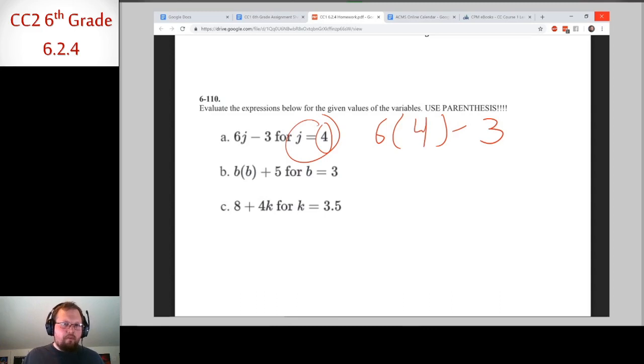This is not 64. This is 6 times 4, which is 24 minus 3 to give you 21. On part B, you don't need the extra parentheses. You can just keep it as 3 times 3 plus 5. Again, it's not 33. It's not 3 plus 3. It's 3 times 3. So that concludes the section 6.2.4.